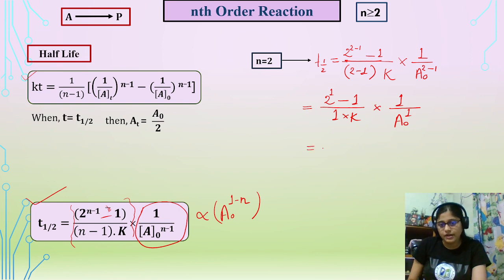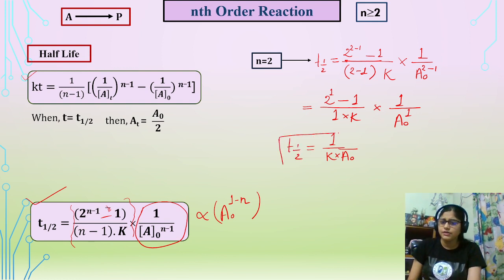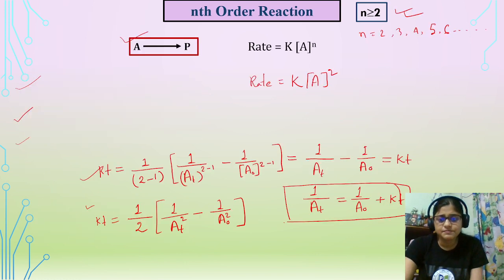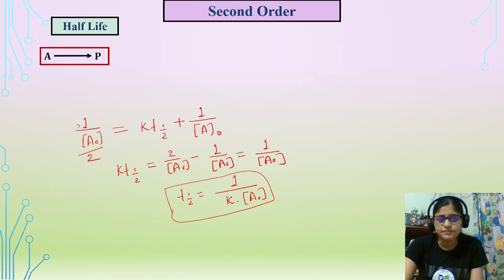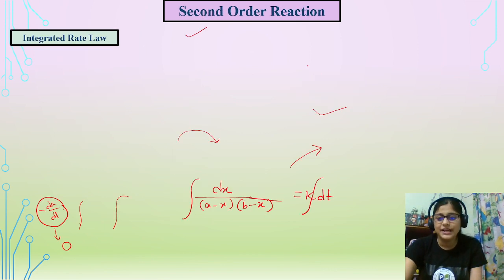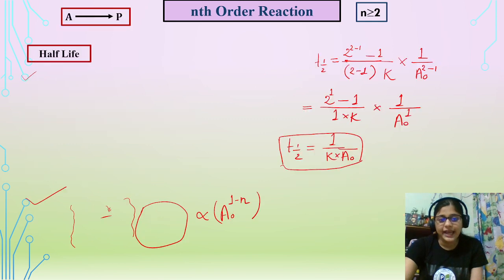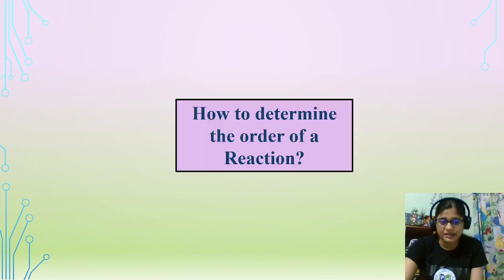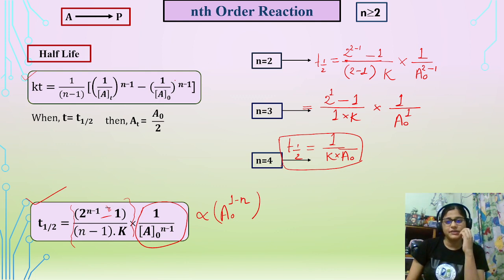So what will be the t half value for second order reaction? Will be this. Is it different than previous one which we have calculated? Let's see. A0 into k, right? So the same thing we have calculated with nth order, the t half value for nth order reaction. So it is easy now.